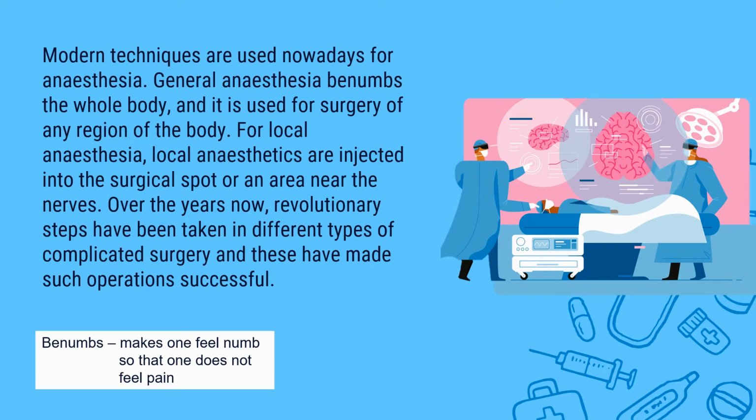Over the years, revolutionary steps have been taken in different types of complicated surgery, and these have made such operations successful. With the introduction of anesthesia, surgical operations became much easier for the doctors performing them, as well as for the patients, who would not have to go through a lot of pain.